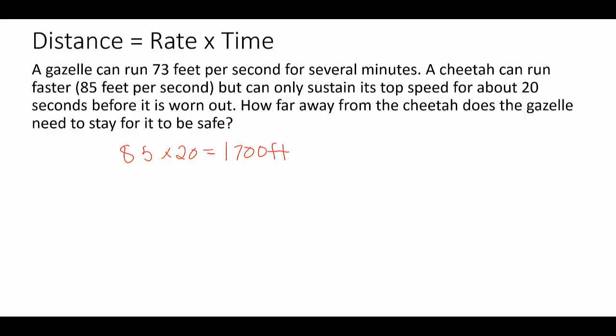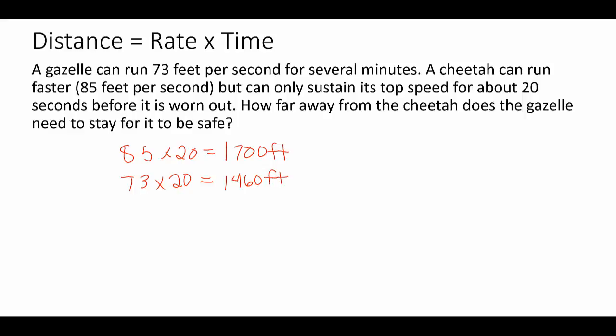The gazelle can be running away from the cheetah during those 20 seconds. So we're going to take the 73 and multiply it by 20 as well. So that gives us 1460.